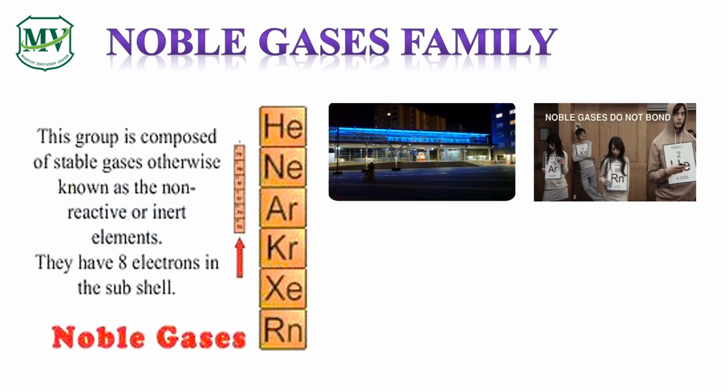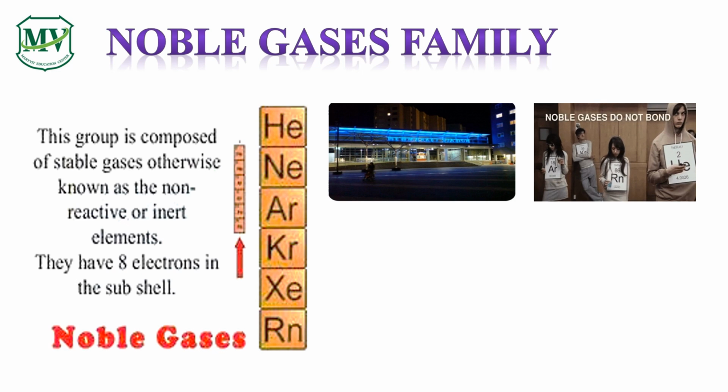The noble gases or the inert gases family. Now, cities at night would be rather boring without all the bright lights. Yes, the next family in the periodic table provides colorful illuminations and helps make things much more visible. Do you know what they are? Terrific! We call these lights neon lights, but they use several gases to make different colors. These are what we call the noble gases family.